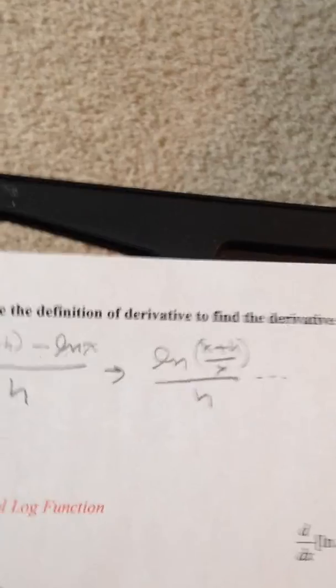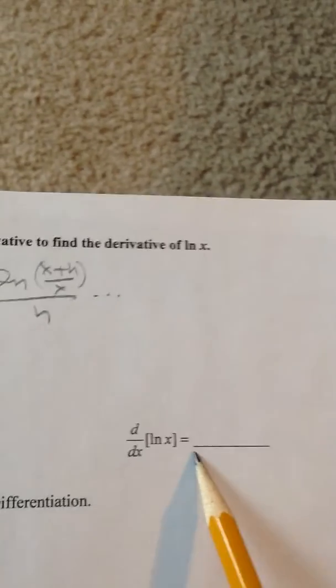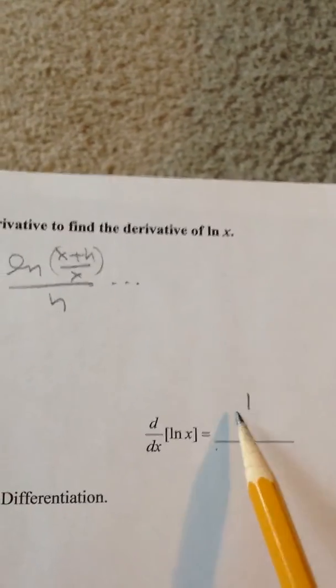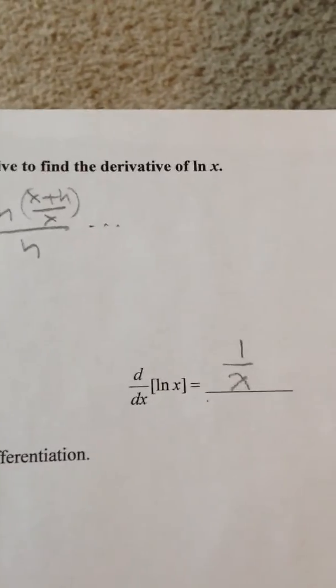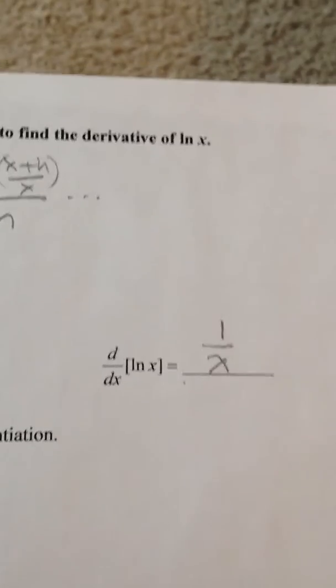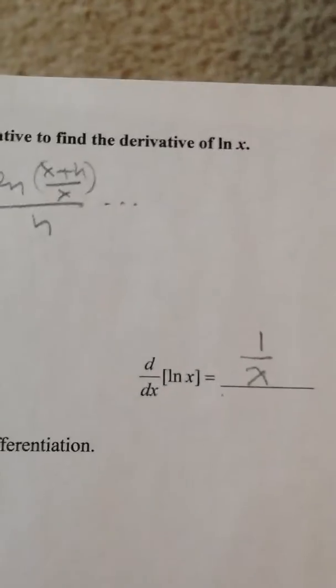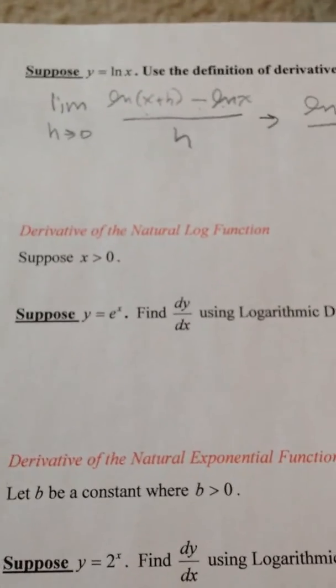If I continue this using the limit function, the derivative of the natural log of x ends up equaling 1 over x. So just like the derivative of x squared is 2x, anytime you take the derivative of the natural log of x, it is 1 over x.